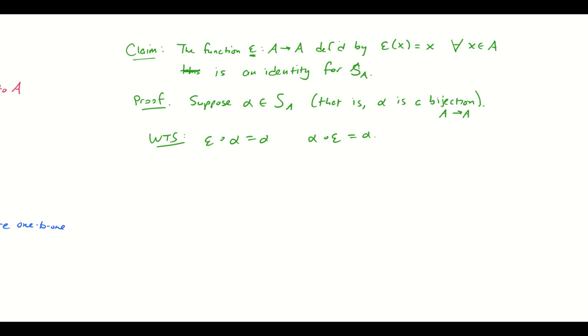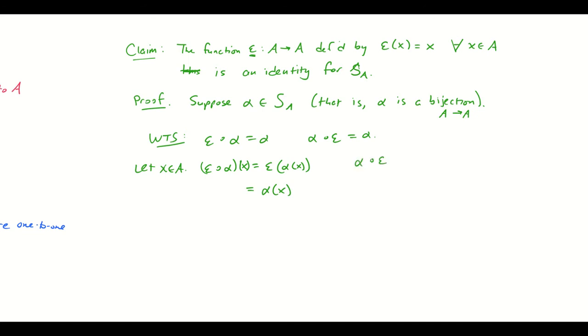And then, what is epsilon of alpha of x? Epsilon is a function which takes every input to itself, which means the result should just be alpha of x. So since x in A was arbitrary, I've established that epsilon compose alpha equals alpha. What about the other composition?